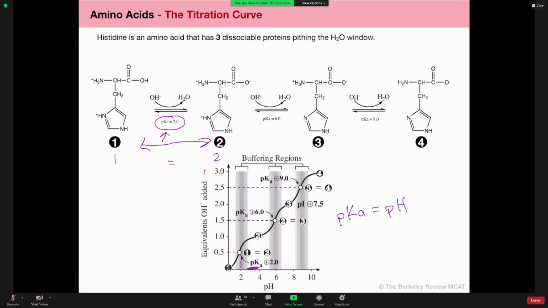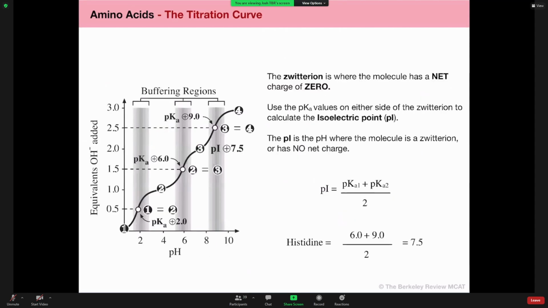And why is this important? This is important for when we're calculating the isoelectric point. Again, the Zwitter ion is the molecule that has a net charge of 0. If you're talking about a peptide, it's when the peptide's net charge is 0.